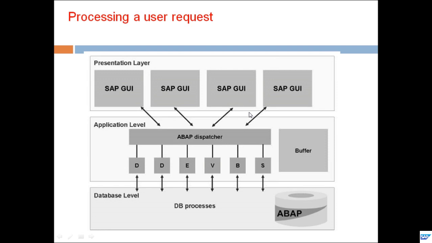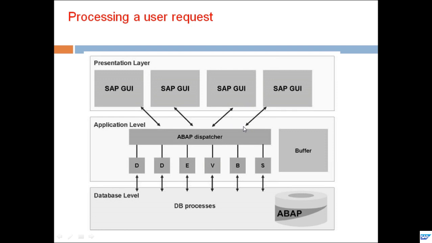Okay, so this is a typical layout of presentation, application, and database. You can see when you log on to the SAP GUI, you will first connect to the application server, where the dispatcher will pick up your information and then send it to the database, and fetch the data which you need and send it back to the user.